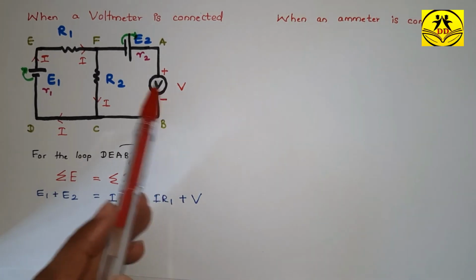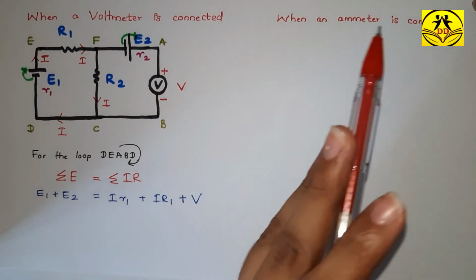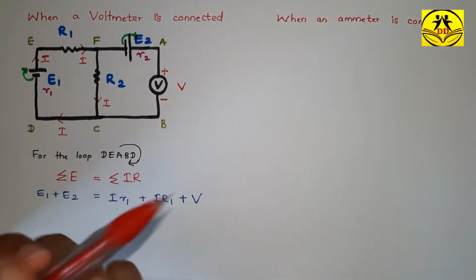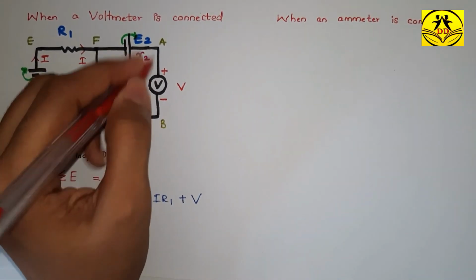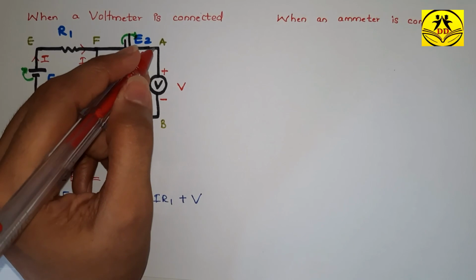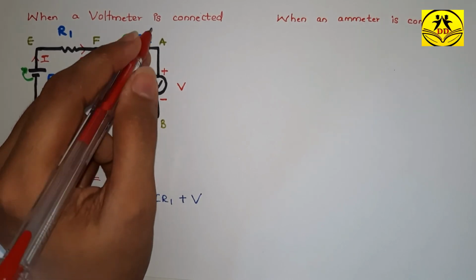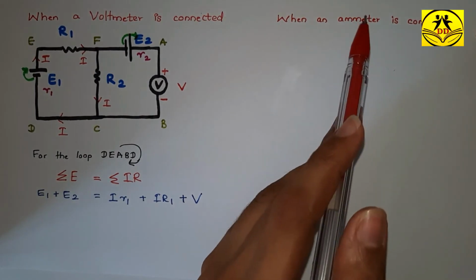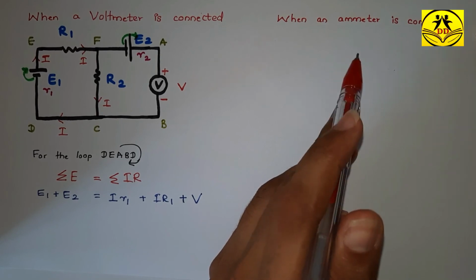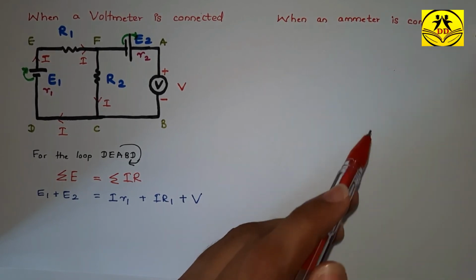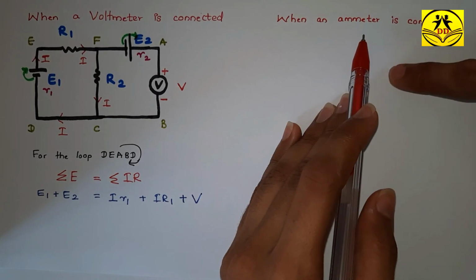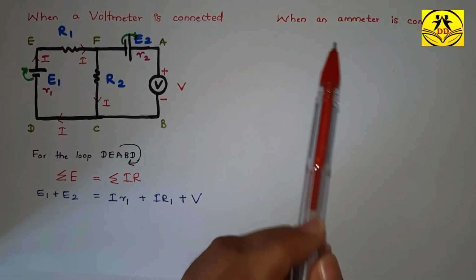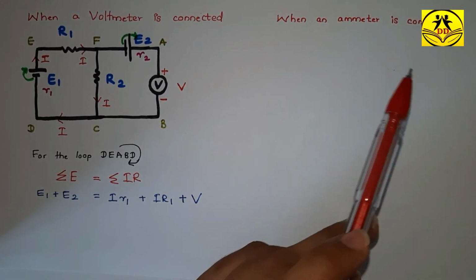But we don't take any IR products for ammeters because there's actually no internal resistance. So when an ammeter is connected here, it just acts as a zero resistance conducting wire. Nothing happens. Only if they have given an internal resistance for the ammeter do you have to consider an IR product for it. If not, most of the time for ammeters there's no internal resistance, so no IR products are considered.